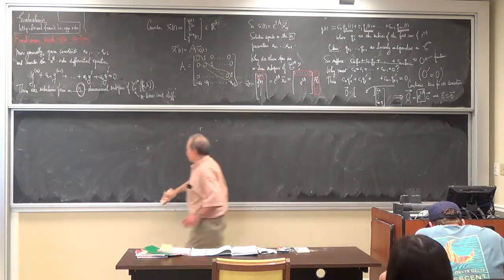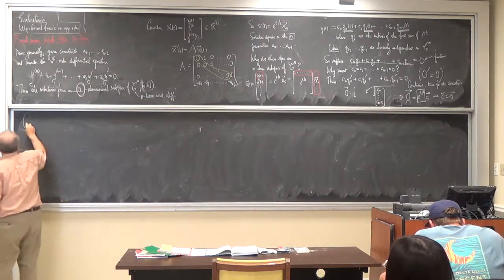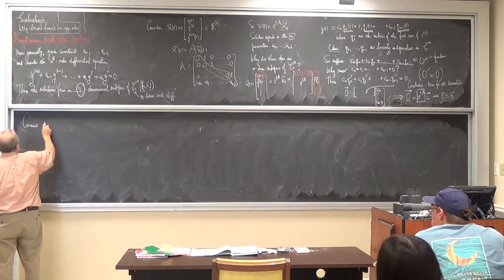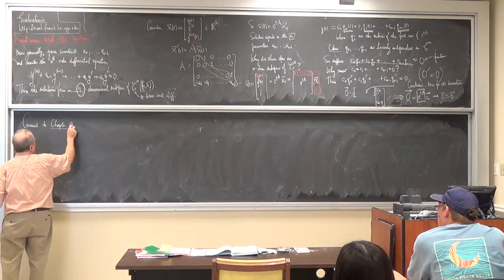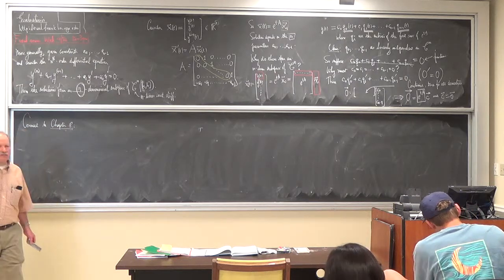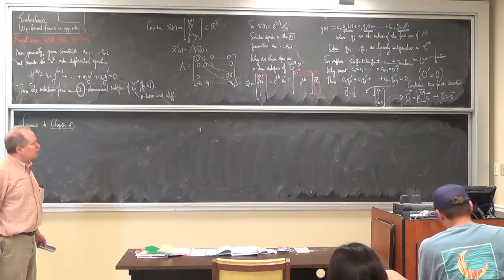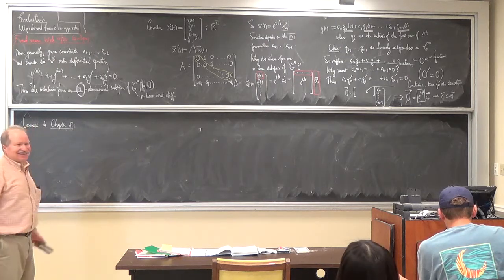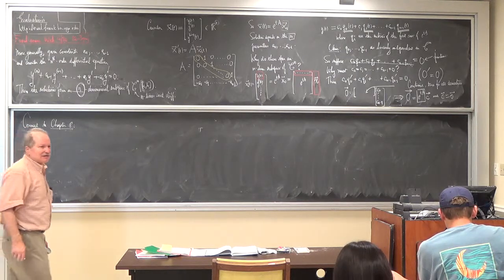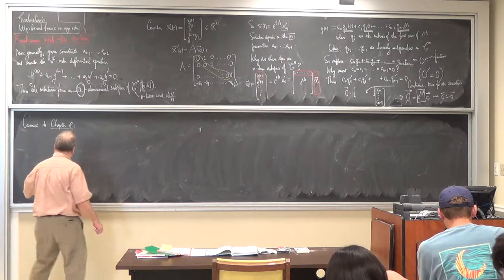So I want to connect this. That depends on e to the ta being invertible. Is it invertible if a is 0? Yes. It's always invertible. The inverse is e to the minus ta. Okay. It's always invertible.